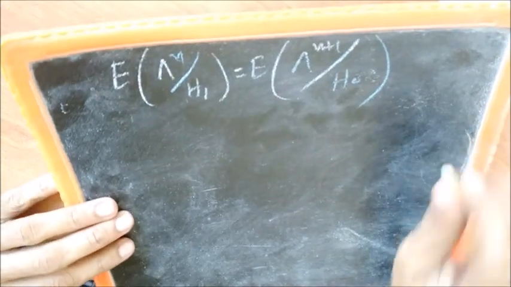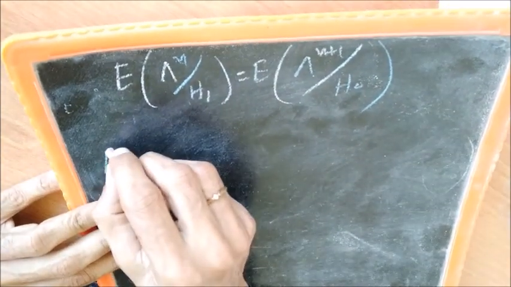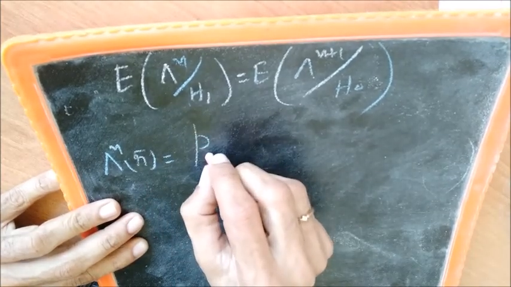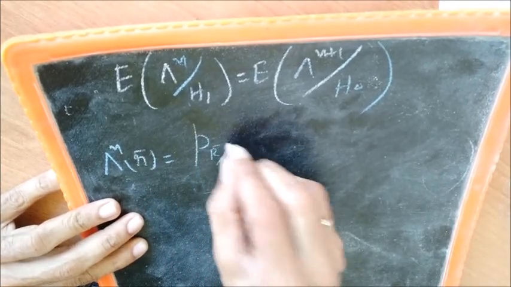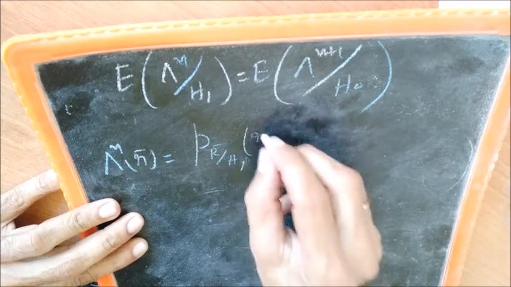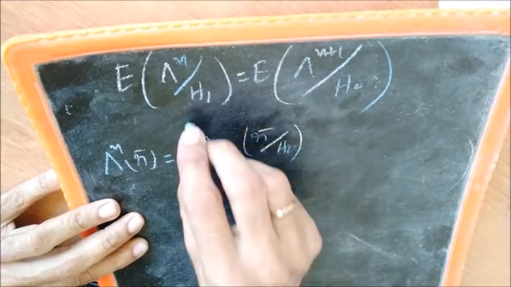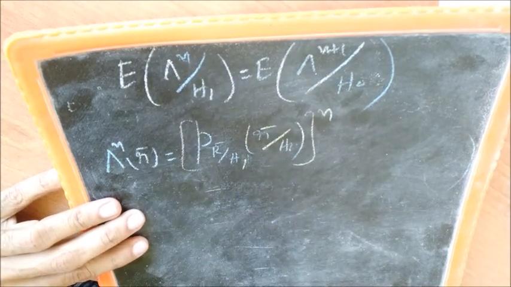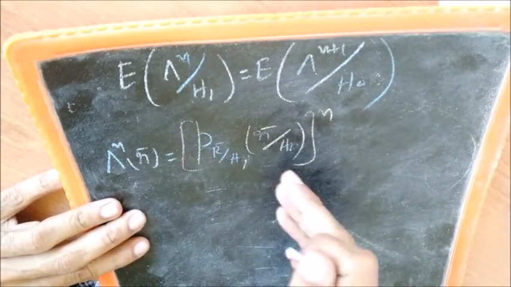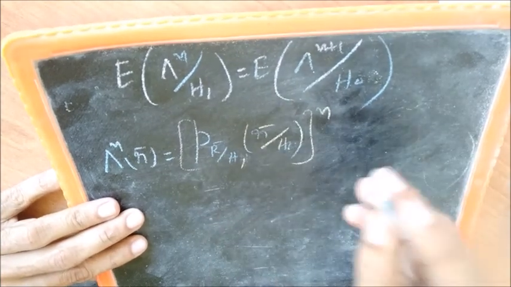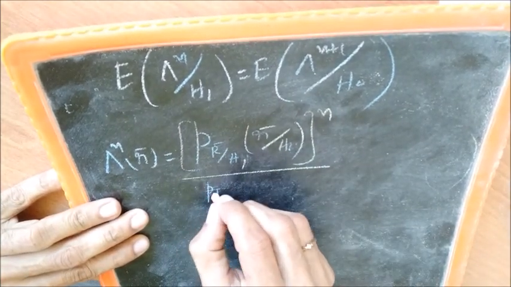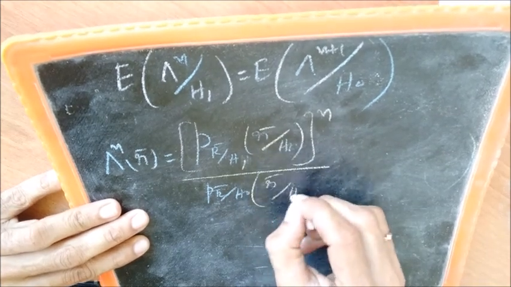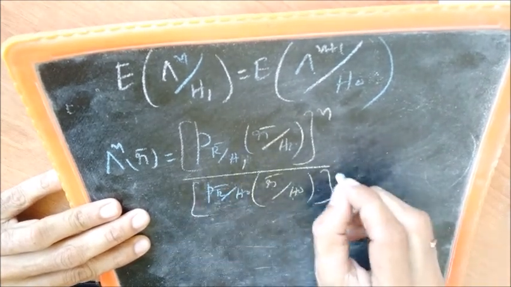For this, we start with this is equal to the density function of R given H1 raised to n, because lambda of R, you know, the likelihood ratio is p(R|H1) by p(R|H0). So we simply raise that ratio to the power n.